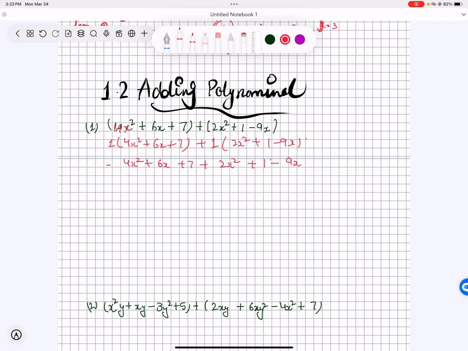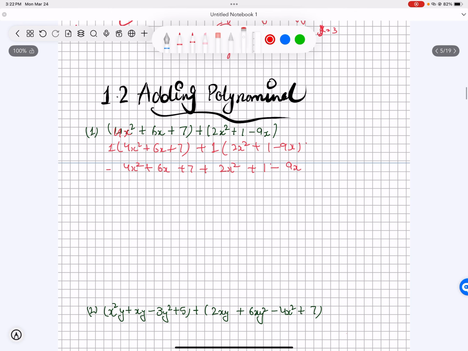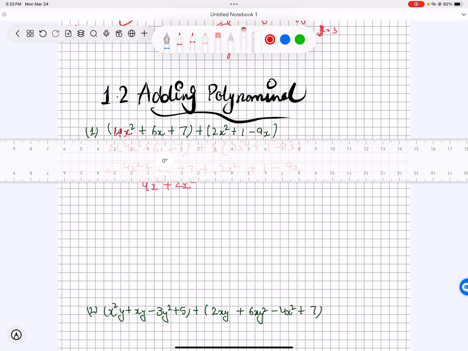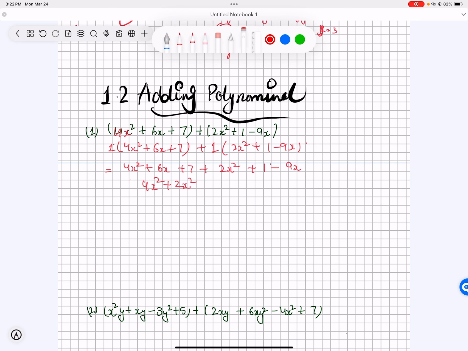So in this, we're gonna look for like terms which are similar. So 4x squared and 2x squared, they are similar. We're gonna write that first. So 4x squared plus 2x squared, and then we have 6x and minus 9x.